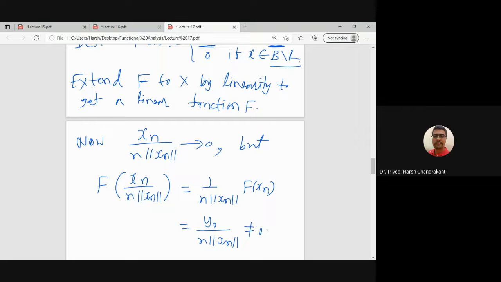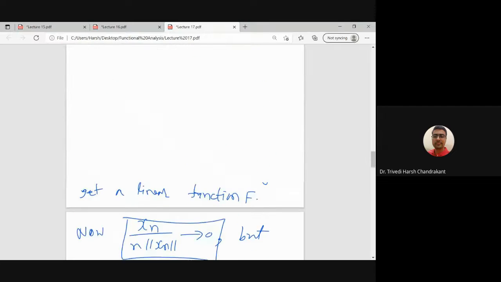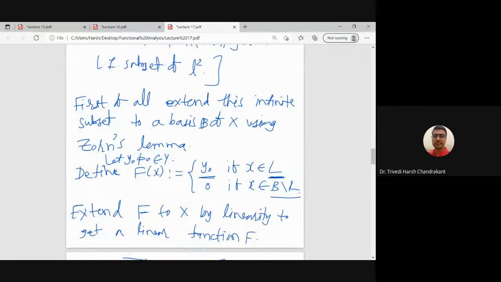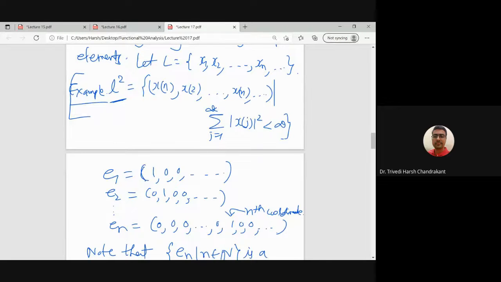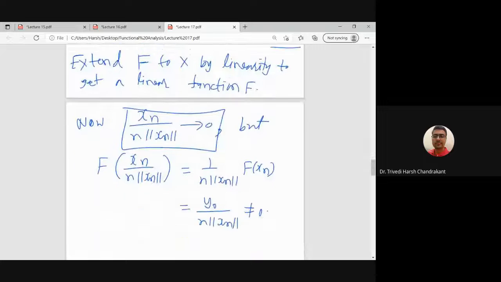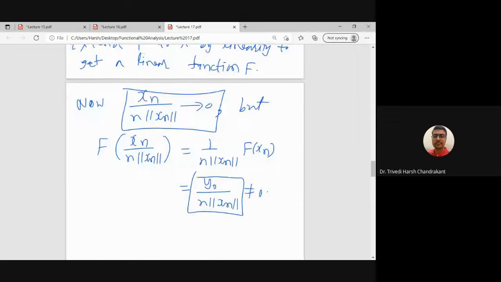So the sequence converges to 0, but before defining f, we are considering L as these elements, and xn is the fixed element on which we have a combination of y naught, so this element is non-zero.